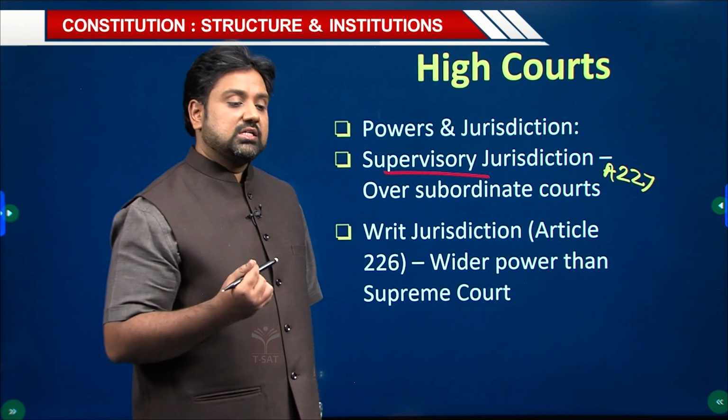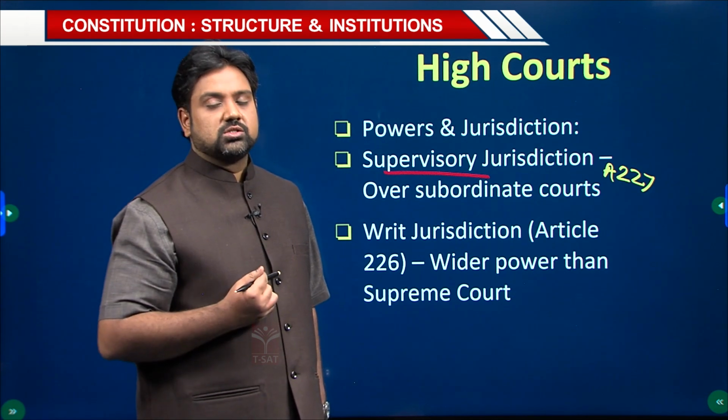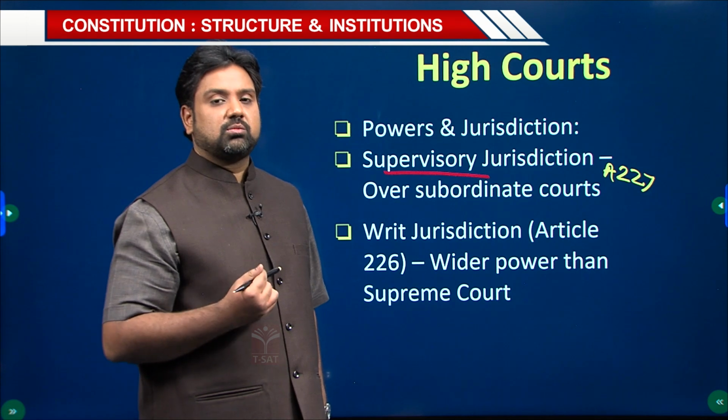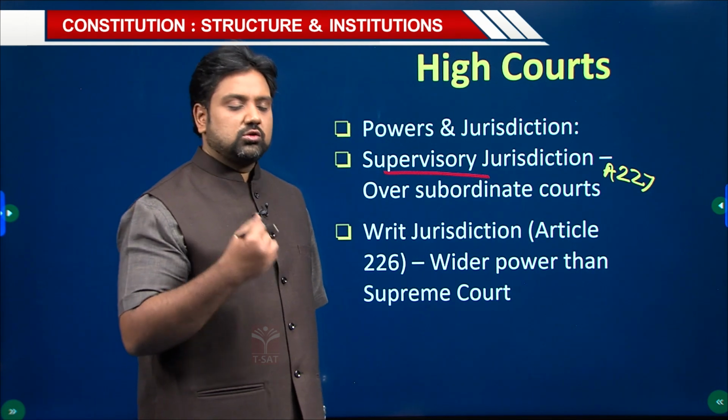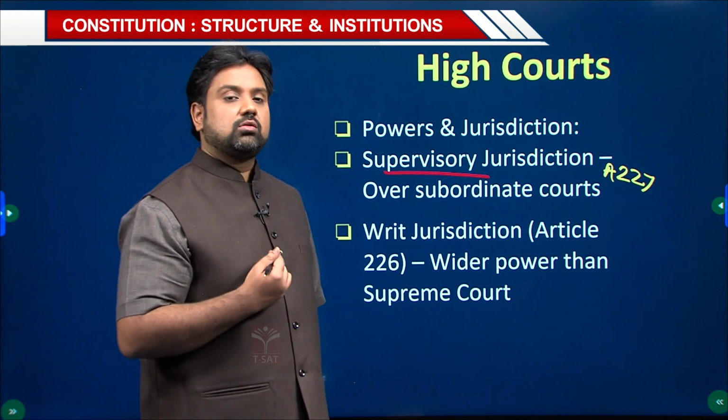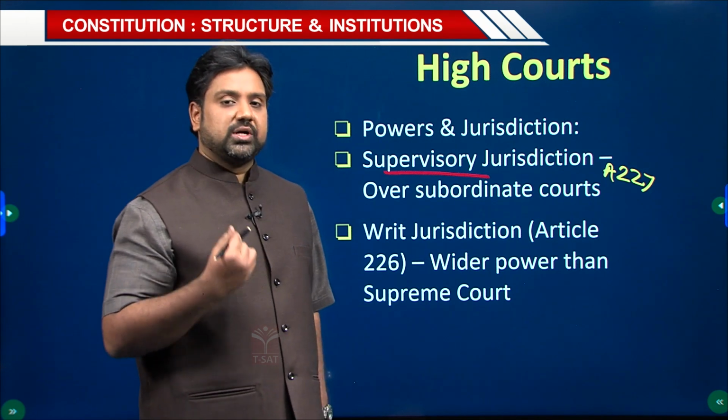The wording is general superintendence. So, all the tribunals and the subordinate courts situated within the territory of the High Court, over those particular courts, the High Court will have the general power of superintendence.